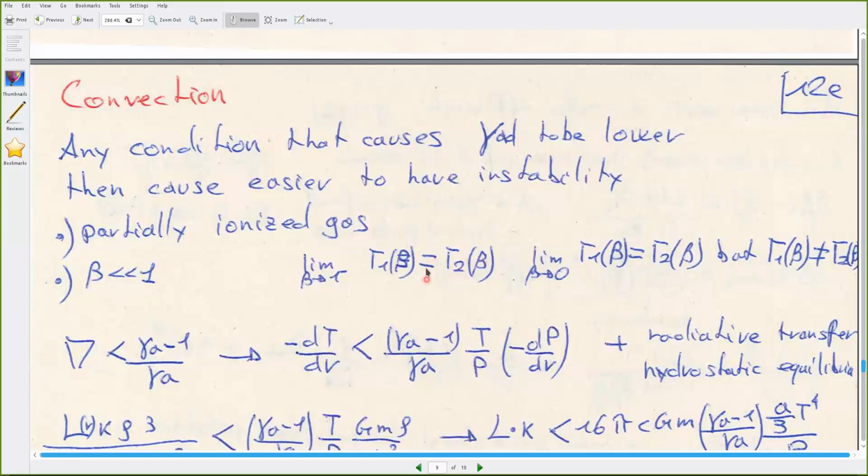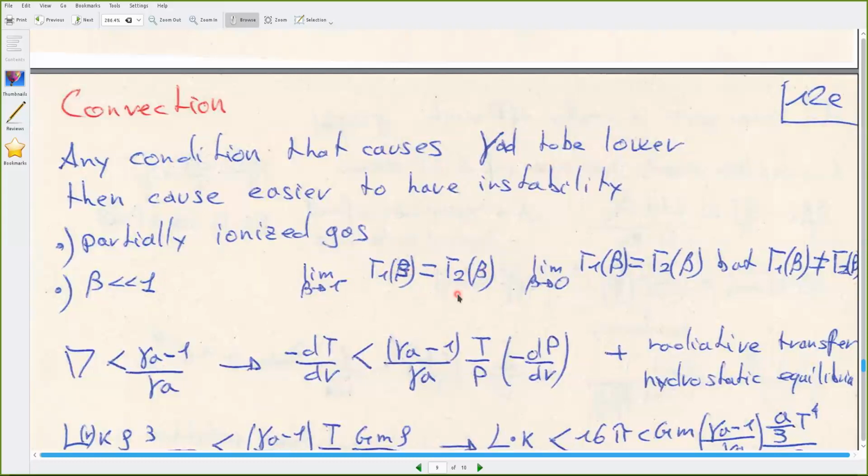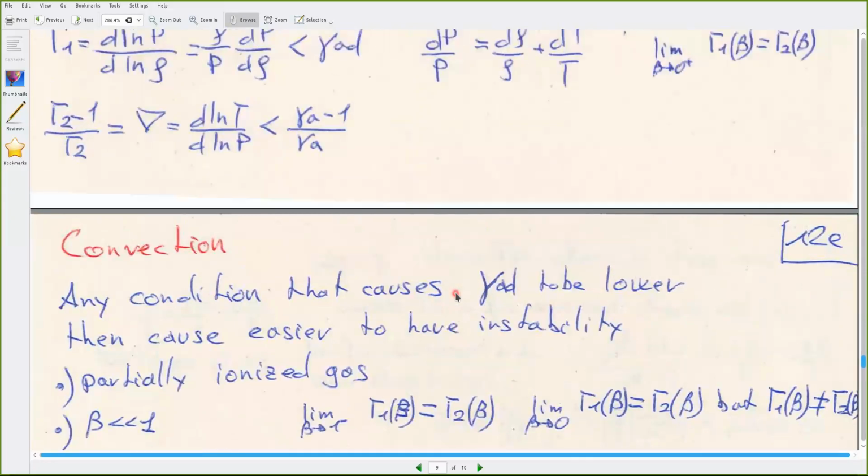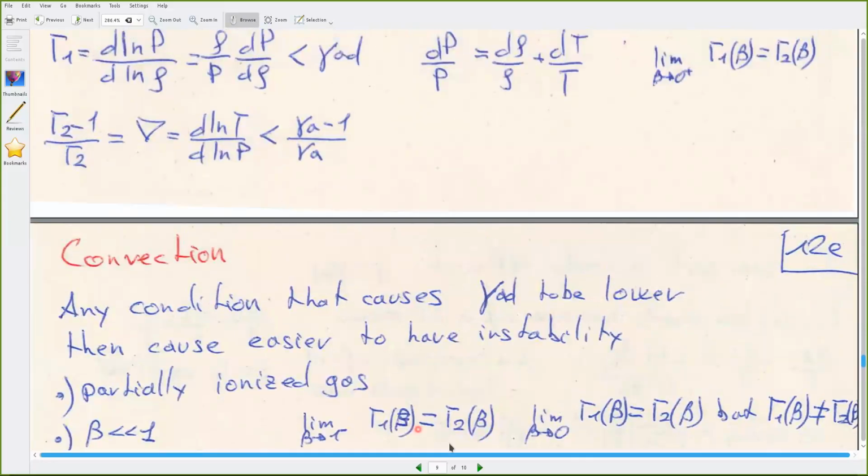Also remember that even if gamma 1 and gamma 2 have the same limit for beta going to 1 or beta going to 0, both values are 5 thirds here, and both values are 4 thirds here, the functions defined with respect to the beta variable are different.